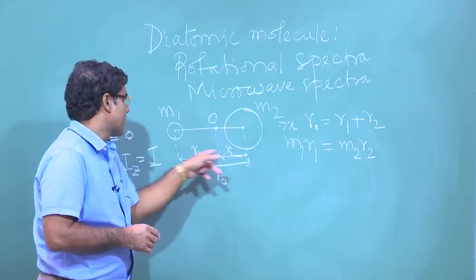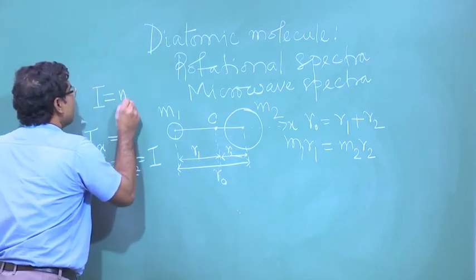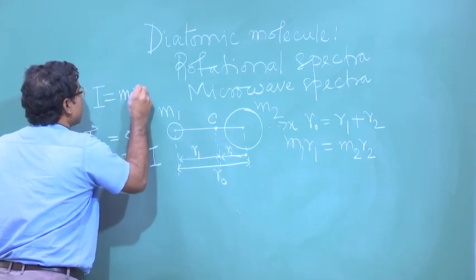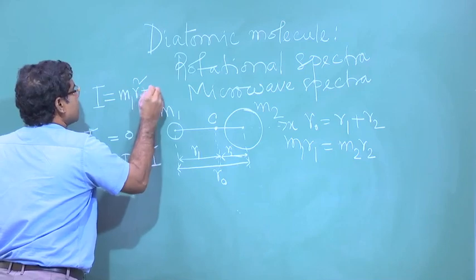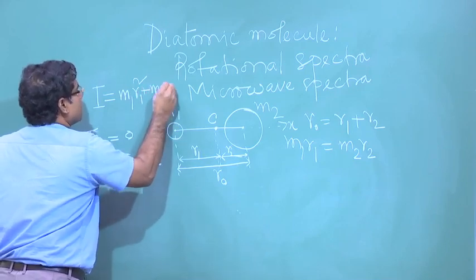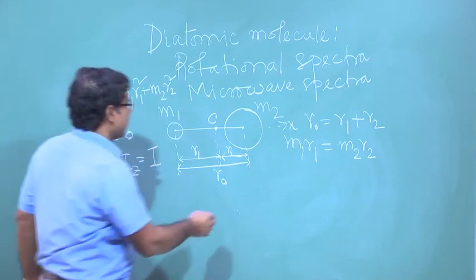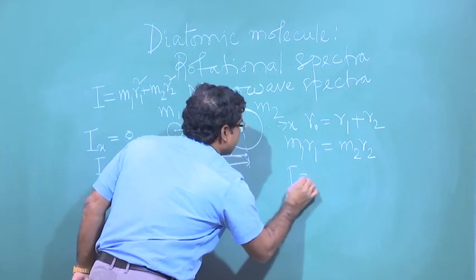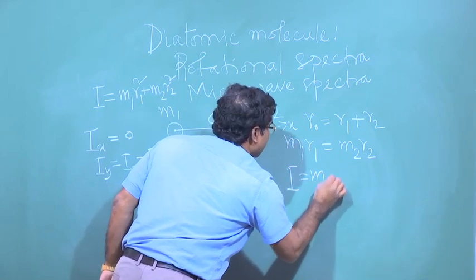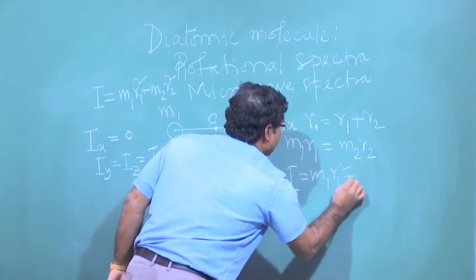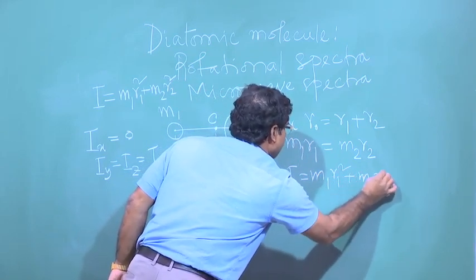So, the distances are r1 and r2. The moment of inertia will basically be m1 r1 square plus m2 r2 square. So, I equals m1 r1 square plus m2 r2 square.